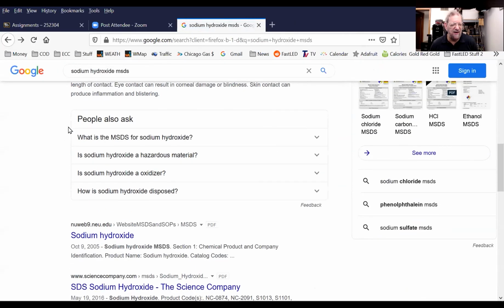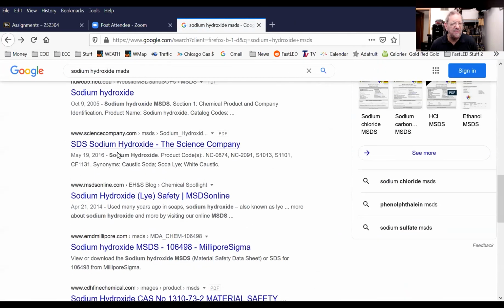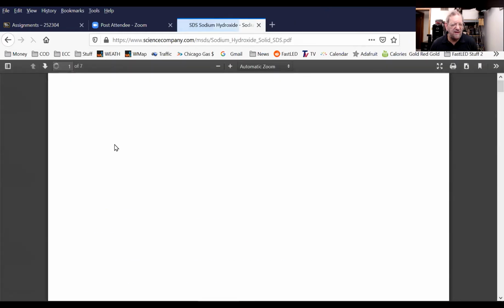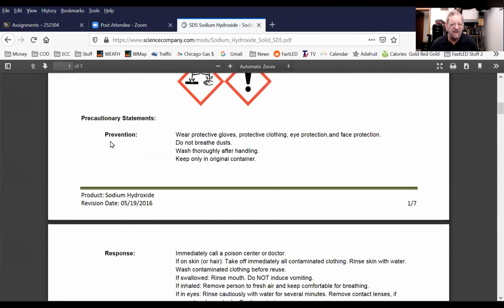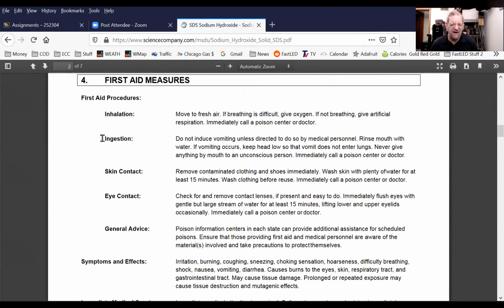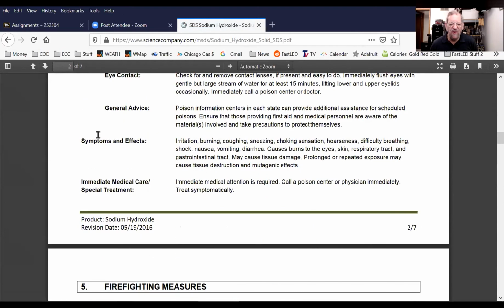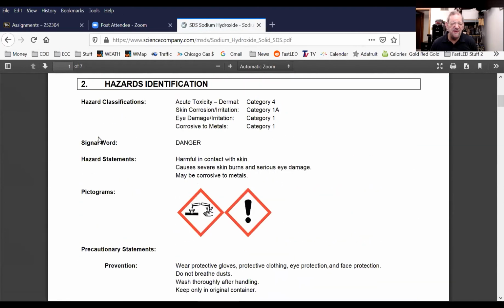Anyways, you would have seen a 4 in that blue square, which means it's a hazardous chemical.